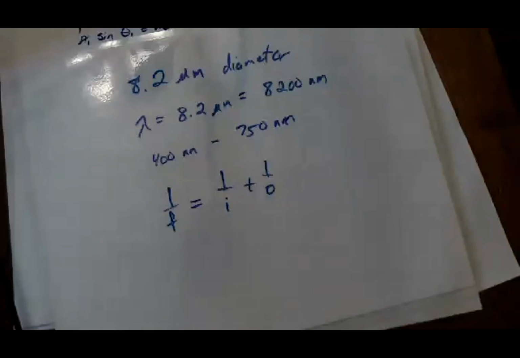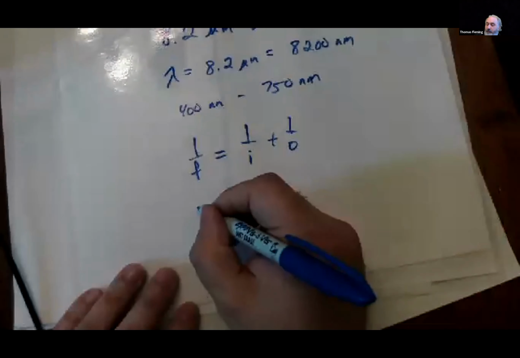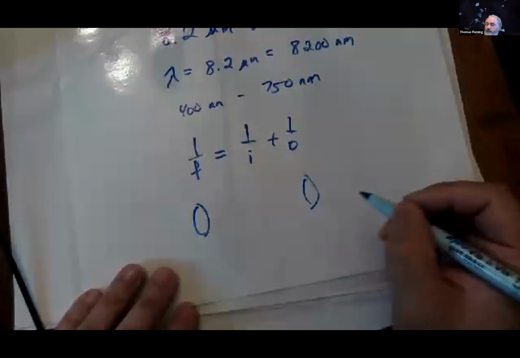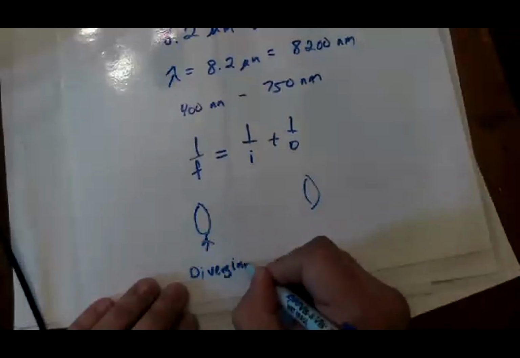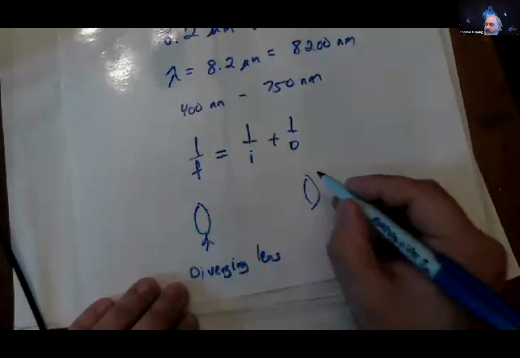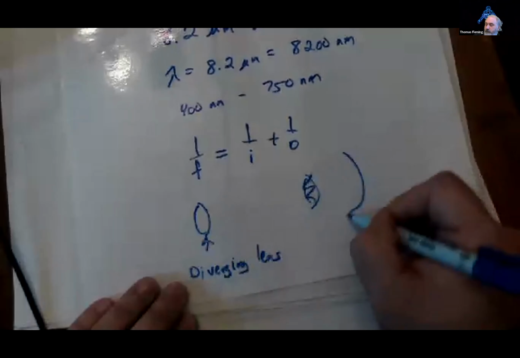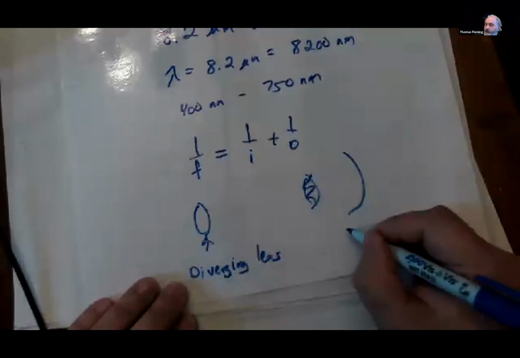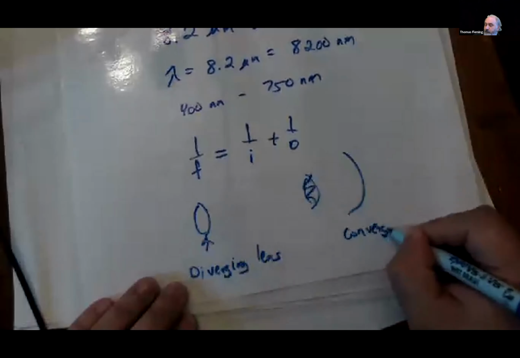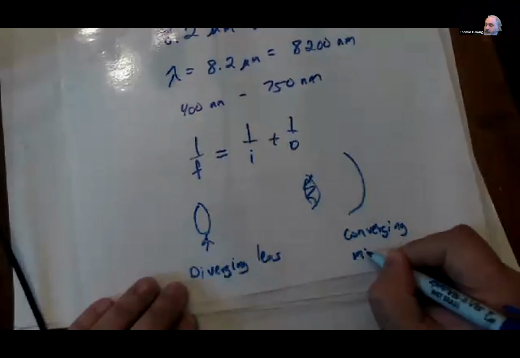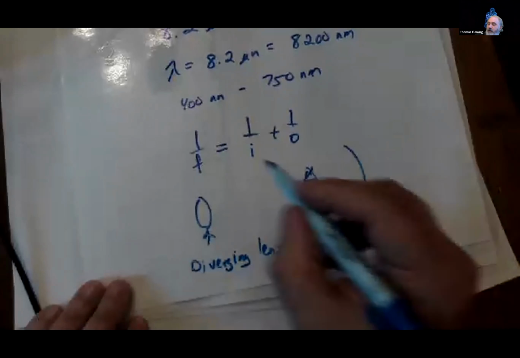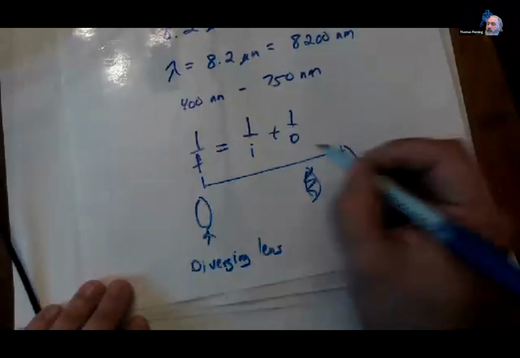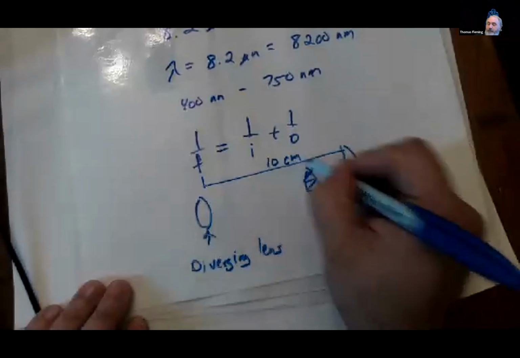So if I were to have, let's say, a two-lens system where this is a diverging lens, heck, let's make this a mirror. I have a diverging lens and a converging mirror, and I place them 10 centimeters apart.